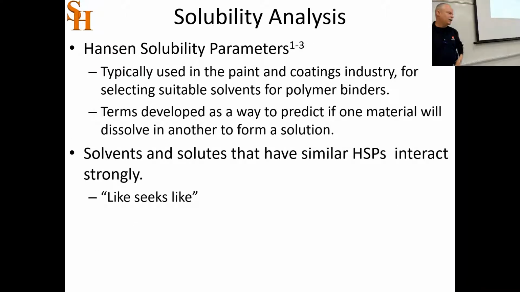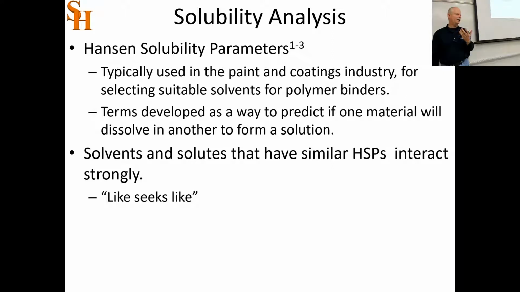All right. So the solubility analysis, you know, this originally was used in paint and coatings. I've used it for solutes like 4-nitroaniline, was doing a sort of an explosive mimic study, and then also used it for surfaces like glass and other surfaces. I've used it for polymer swelling, adhesives.